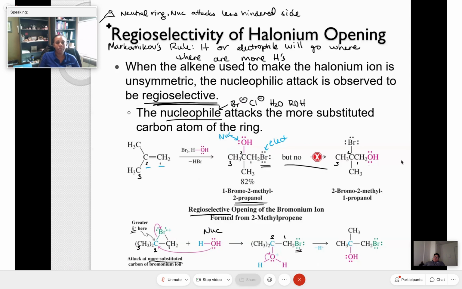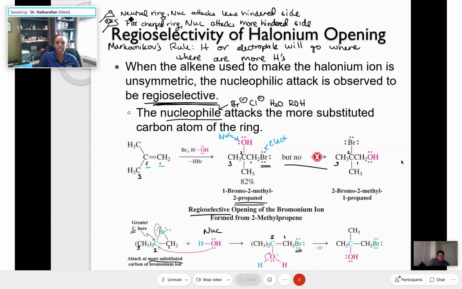But if you have something that has a positive charge, so here, there's a positive charge on that bromine, so we have a positively charged ring, then your nucleophile is going to attack the more hindered side. This is just what they prefer to do.